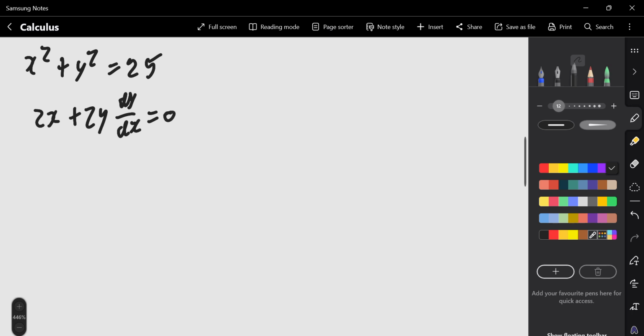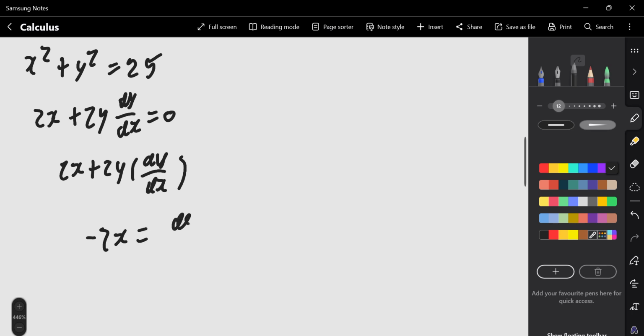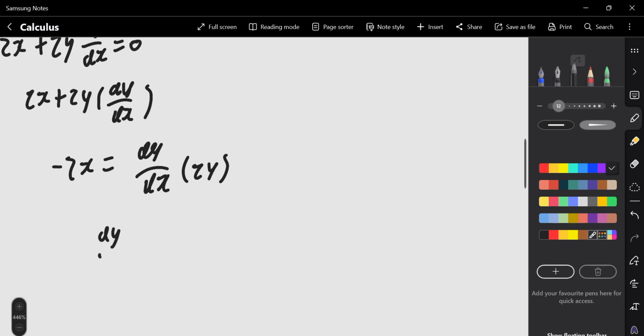And so you can factor out dy by dx, put 2x plus 2y lots of dy by dx. And then you can just move the 2x over. So you're going to get minus 2x equals dy by dx lots of 2y. And so dy by dx equals minus 2x over 2y. Cancel through the 2's. You're just going to get minus x over y.